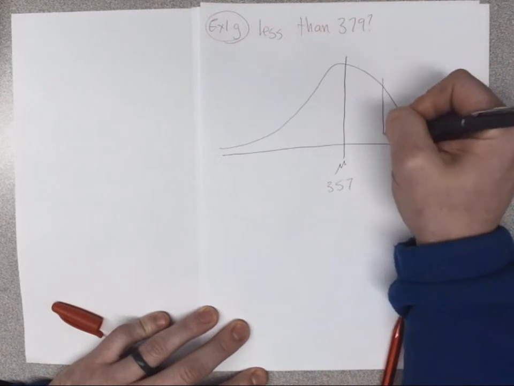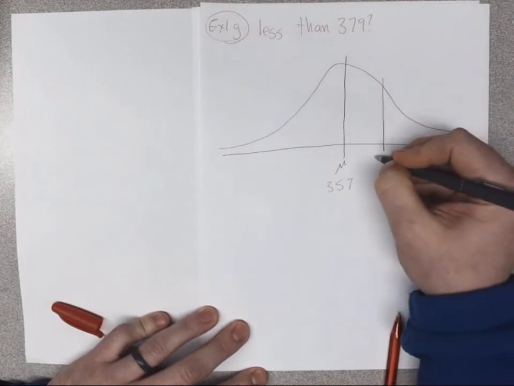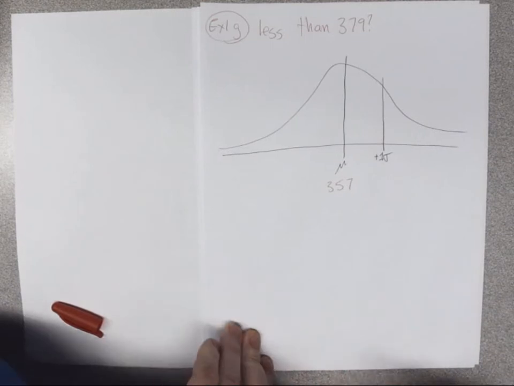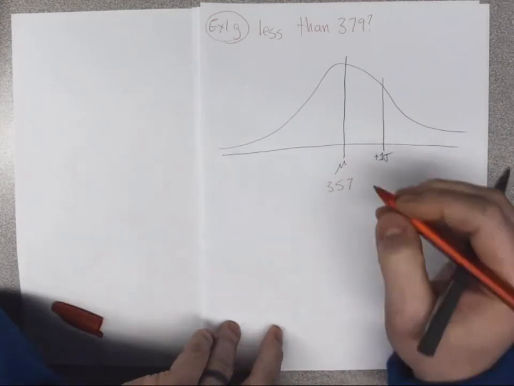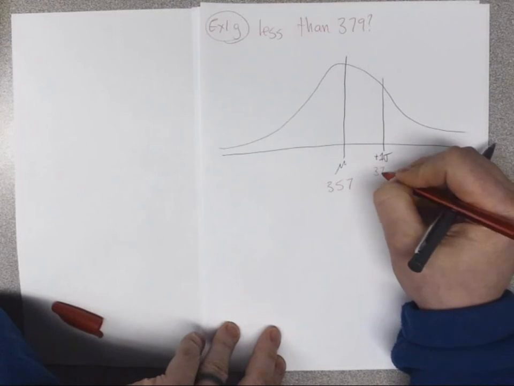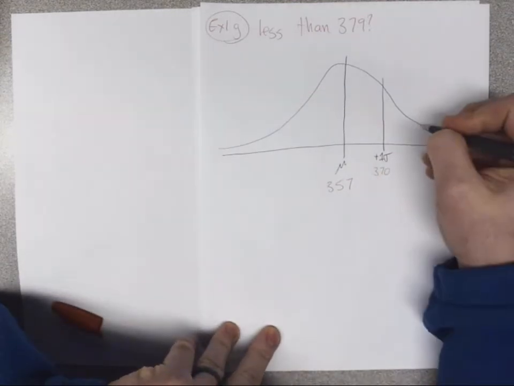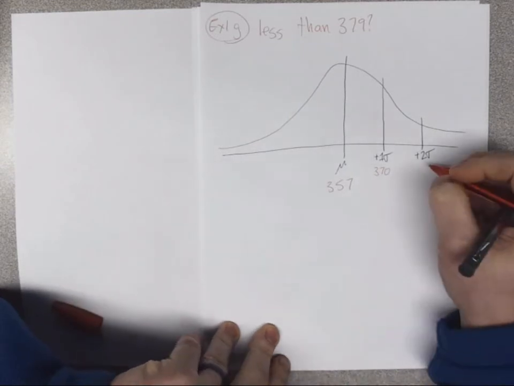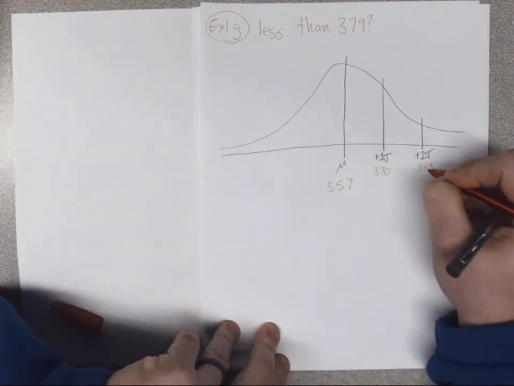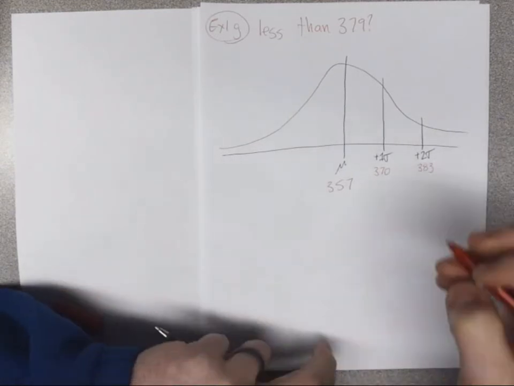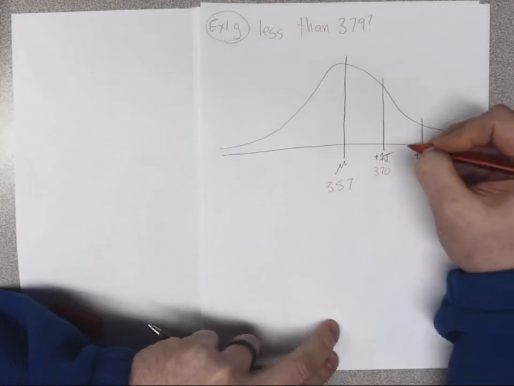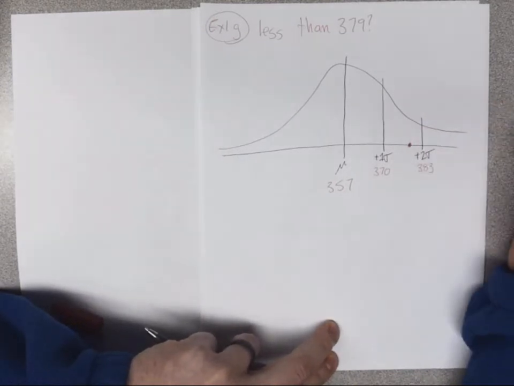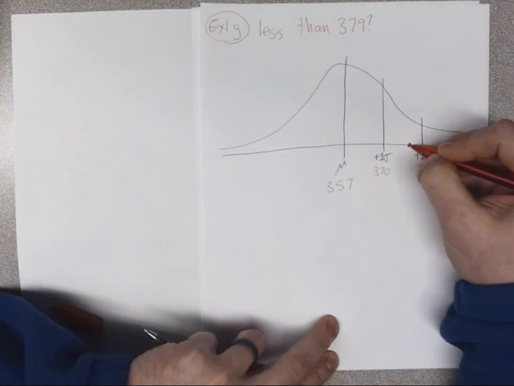Plus 1 deviation, I'm just going to write it like that, and we knew that was 370. And plus 2 standard deviations, that was 383. So the value we're looking for now is 379. So we're just going to put a little point right here, and this is the value I'm looking for.